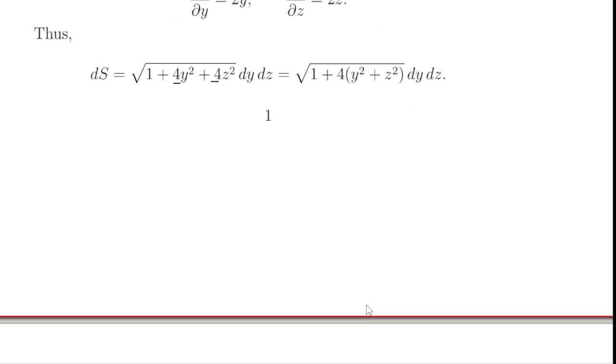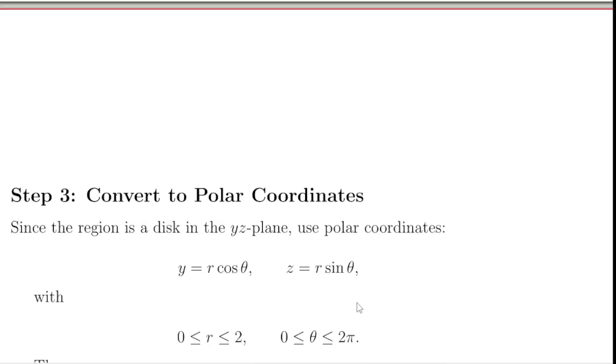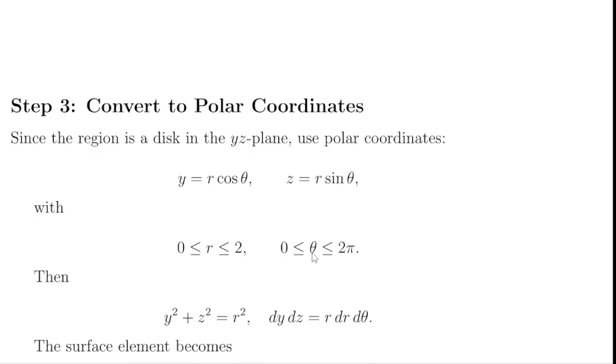Typically with polar, we use x equals r cosine theta, y equals r sine theta. But for our case here, we're going to treat our y like our x-axis and our z like our y-axis. So pretend now we're in the xy plane, although technically we're in the yz plane.